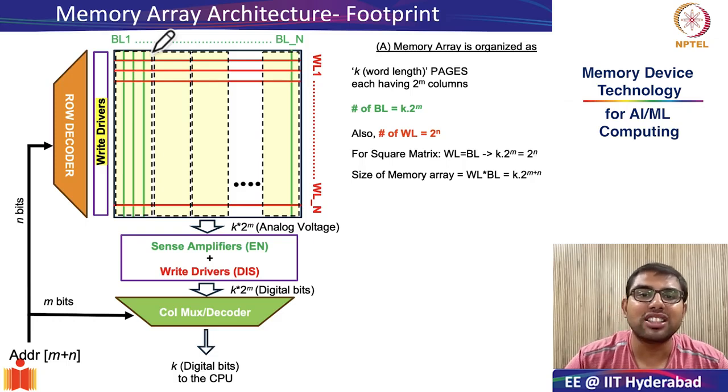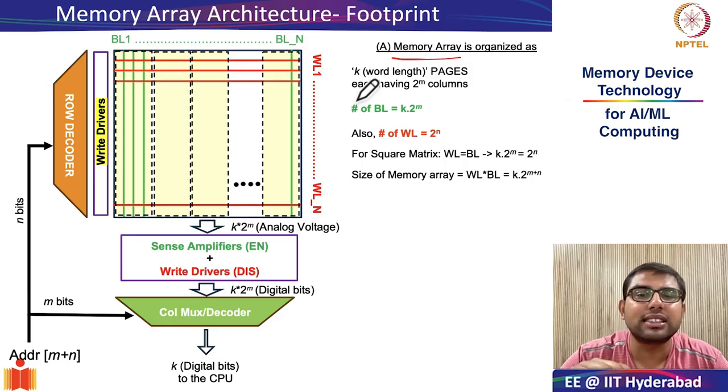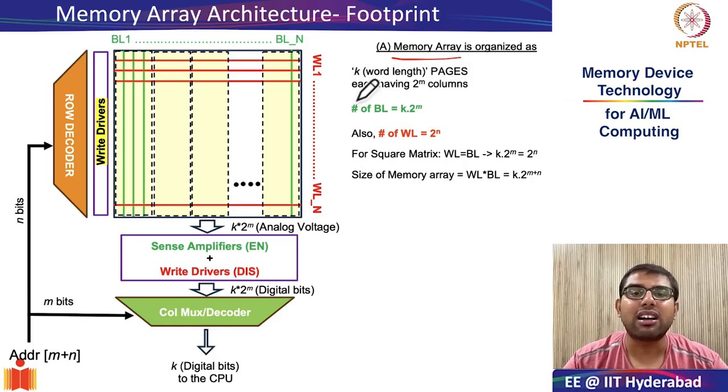And we saw that a generic memory array is organized in pages. Now, what is the definition of a page? A page is the same as the number of word length. Remember, word length is the addressable data size of your CPU data bus.